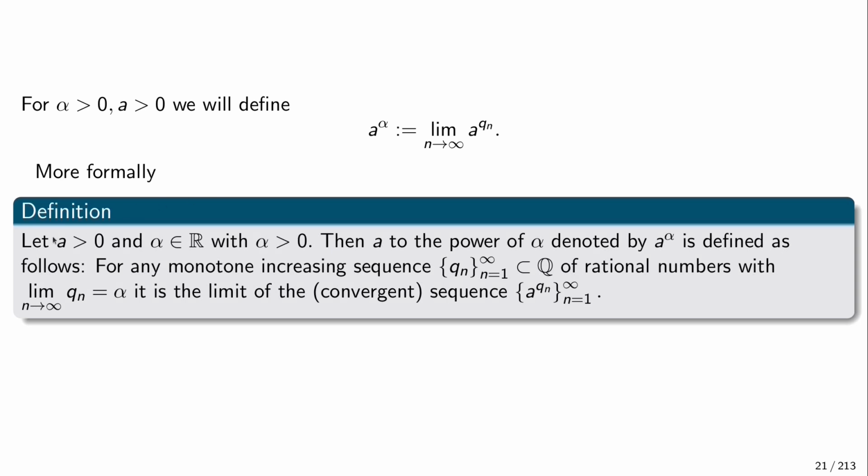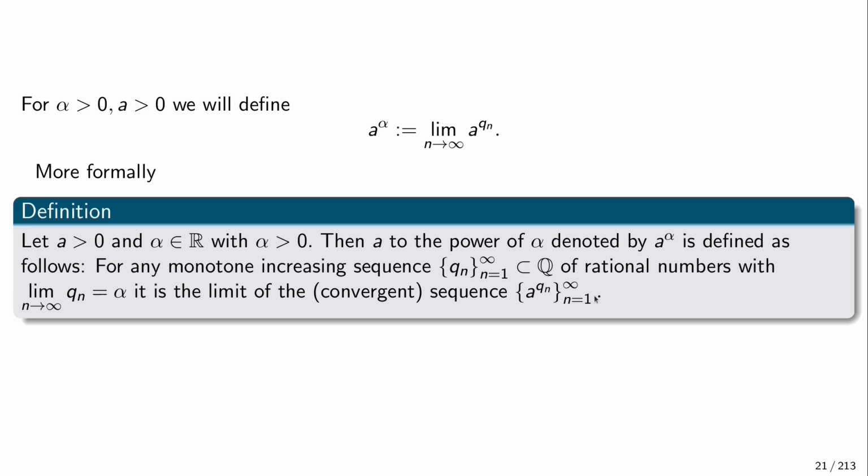So formally we now have the following definition. For a positive real number a and a real number alpha, which is also positive, a to the power of alpha, which we denote, of course, as a to the power of alpha, is defined as follows. Basically, the things that we said previously. We pick any monotone increasing convergent sequence Qn of rationals that converges to alpha.